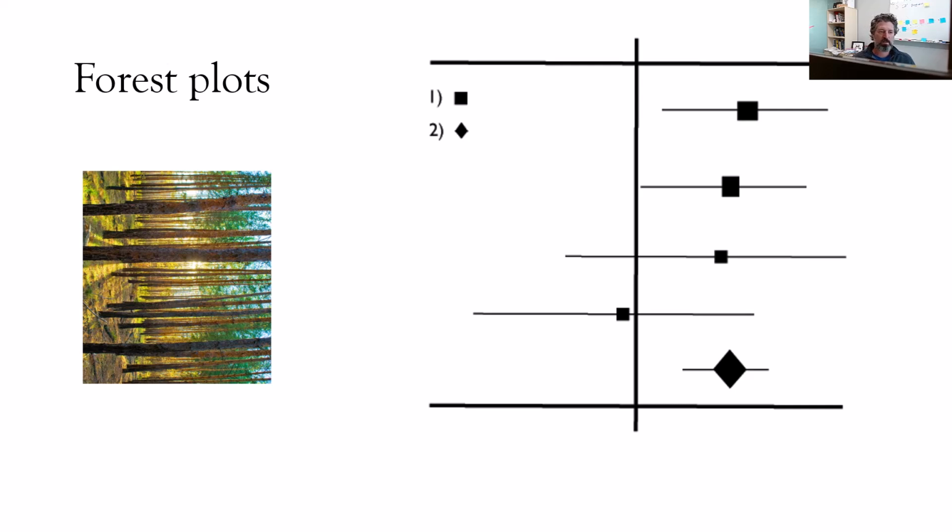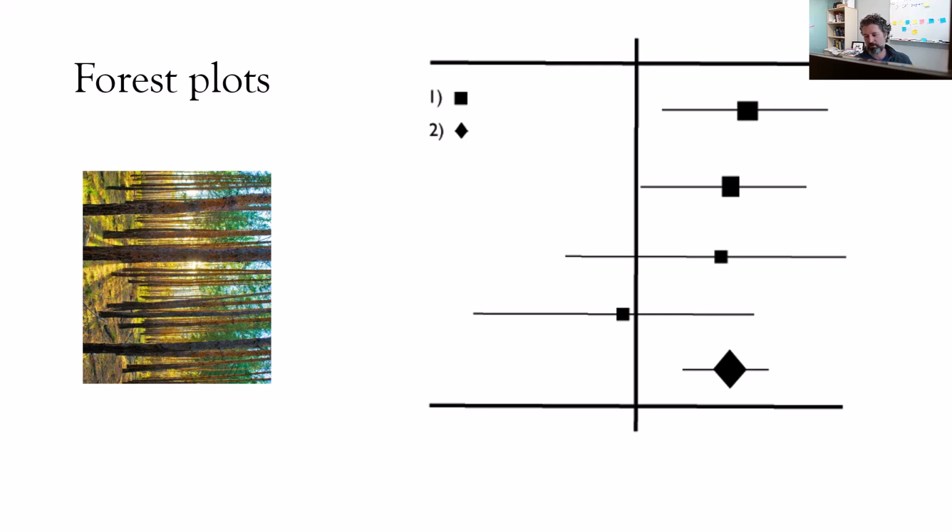Each of the horizontal lines is a study, and the length of the horizontal line represents the confidence interval. Anytime the confidence interval crosses the vertical line in the middle, that means it was statistically insignificant. You look at the one at the bottom, it clearly is statistically insignificant. The one up next to it is also statistically insignificant.